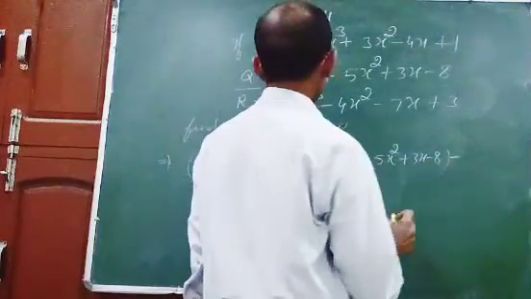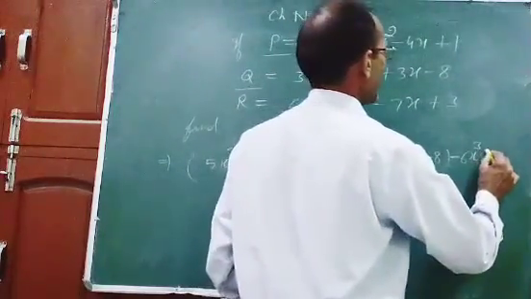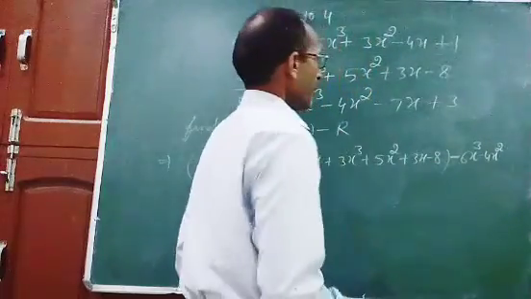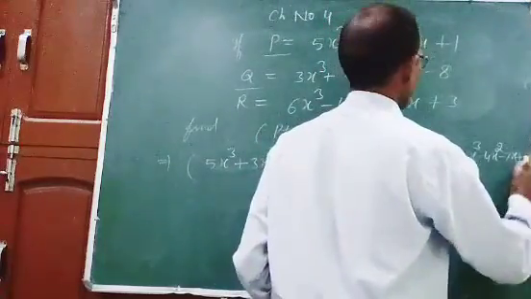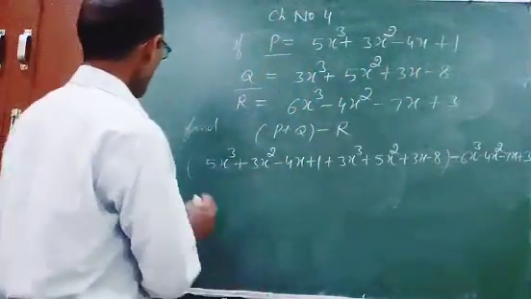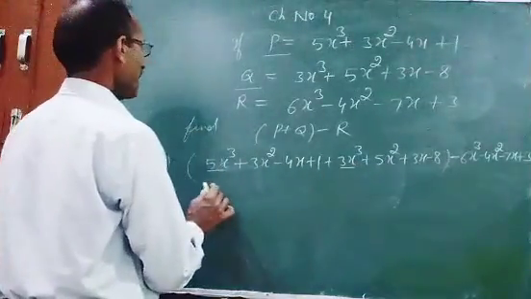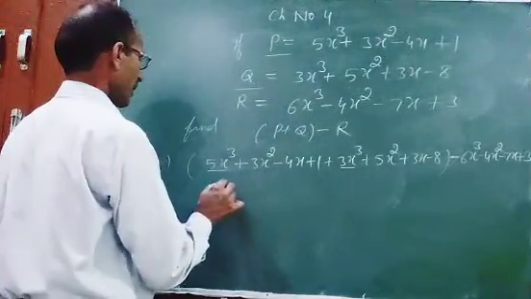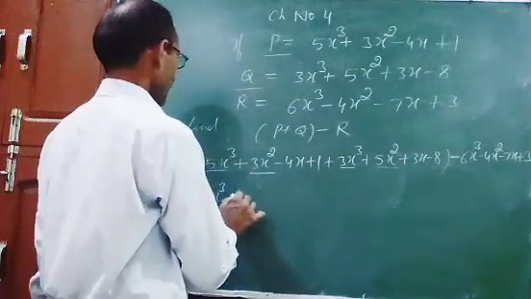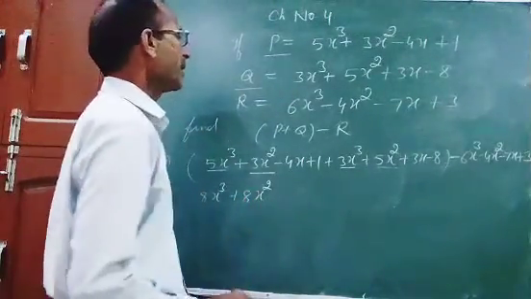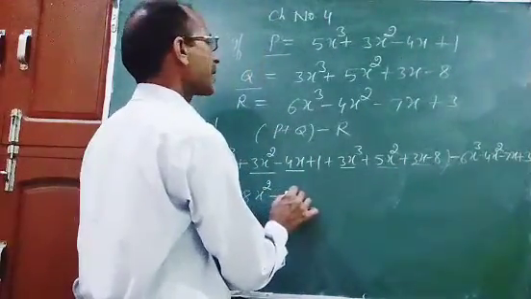The value of r is 6x cube minus 4x square minus 7x plus 3. So first, 5x cube and 3x cube give 8x cube. 3x square and 5x square give 8x square. Minus 4x plus 3x gives minus x.